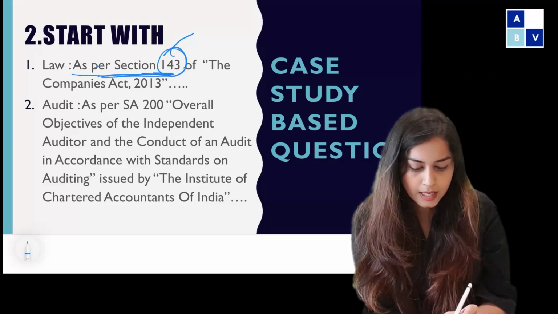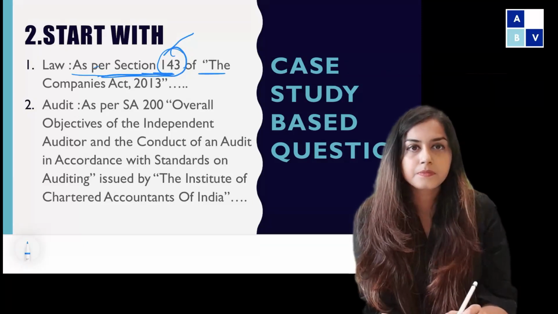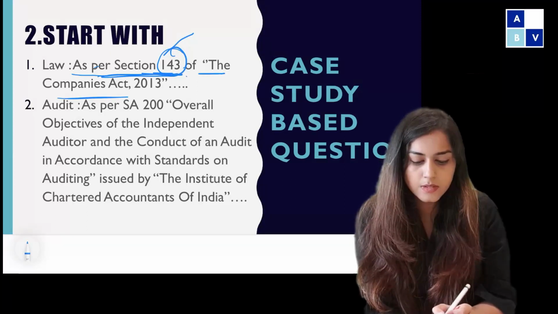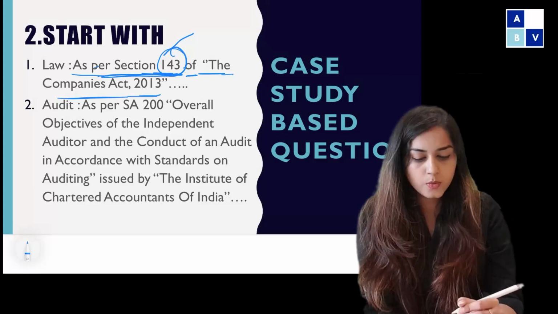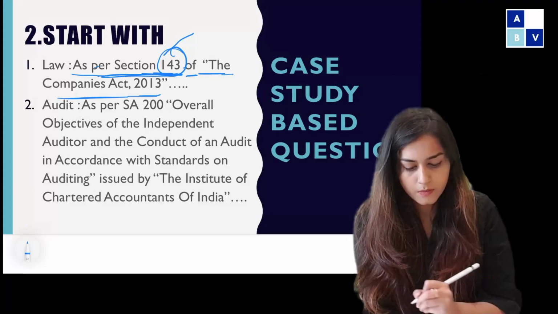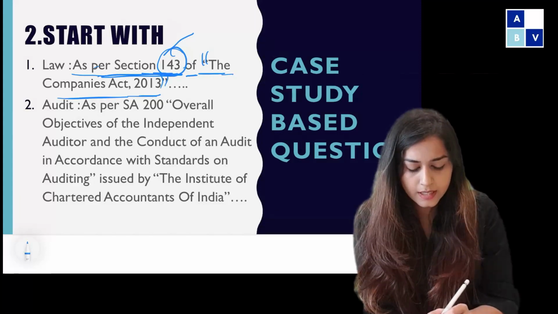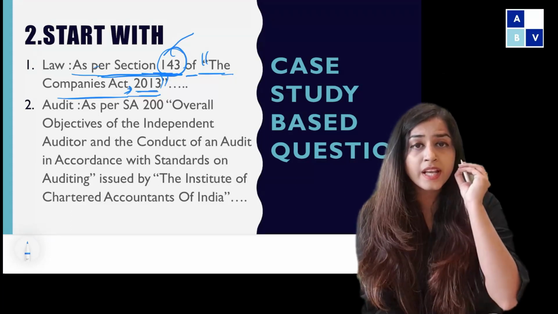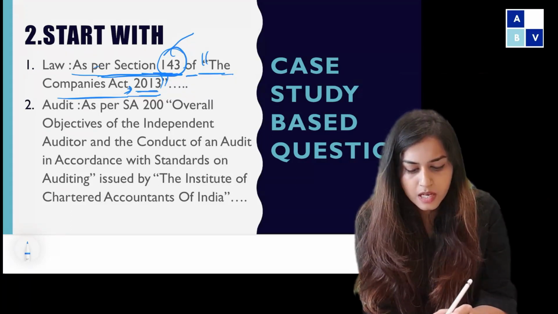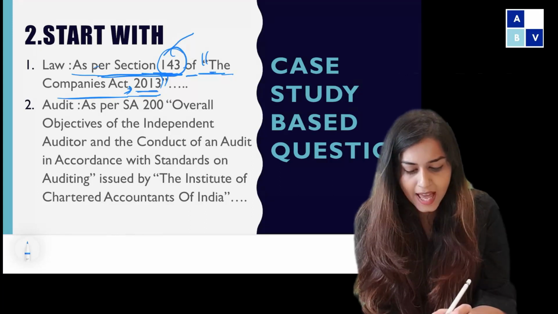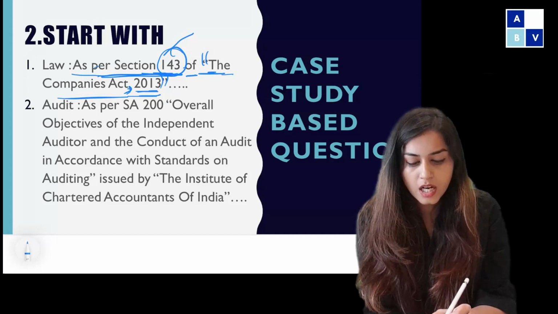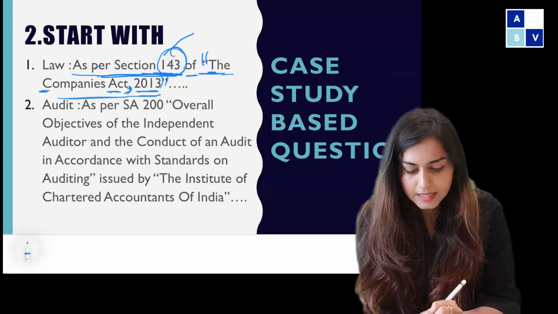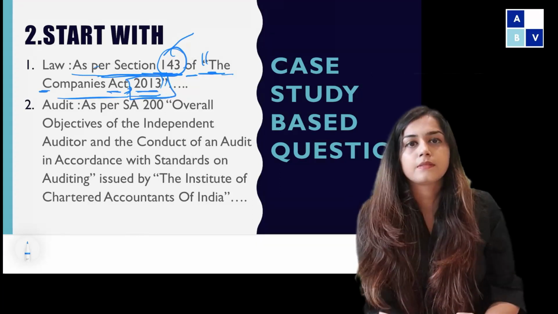Now here, the Companies Act. What I did: as per section 143 of the Companies Act, 2013. See clearly how I'm using it, double quoted, and I even used the year 2013. Every time you quote any act, you have to use the first letter of every word in capital: The Companies Act, accompanied by the year.